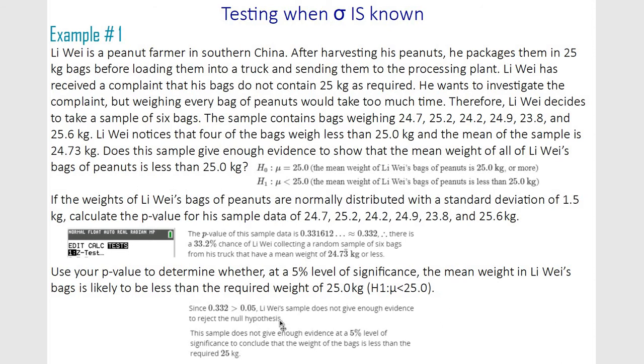Since that is more than 0.05, a 5% level of significance, we don't have enough evidence to reject the null. We don't have enough evidence to conclude that the weight of the bags is less than the required 25 kilograms. It's not rare enough. Think of it like that.